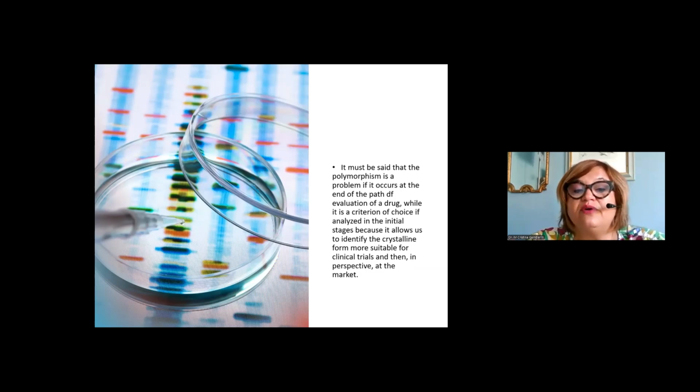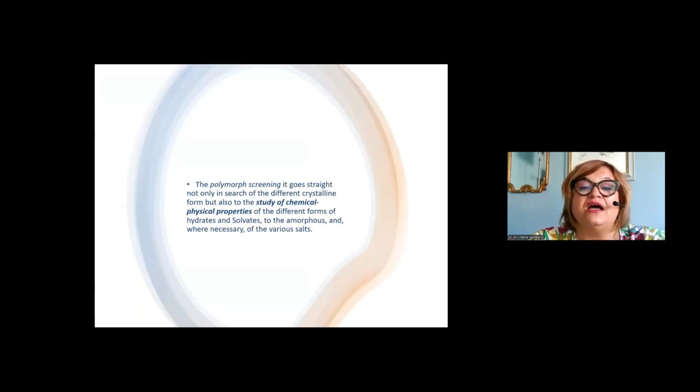So it's important to characterize each solid form, with different techniques, and to study the chemical properties not only of the polymorphs, but also of the hydrates, solvates, amorphous forms, and so on. And we will see which techniques have been used for each one.